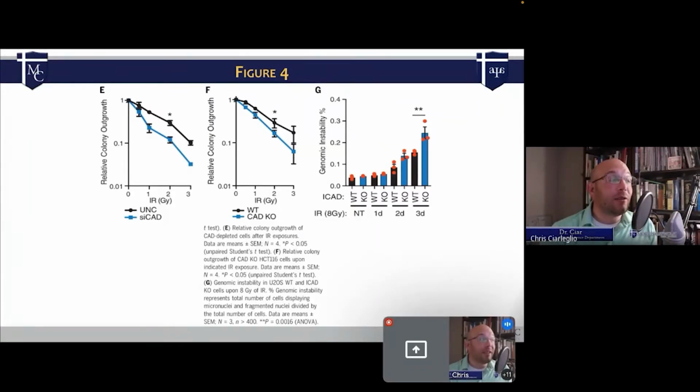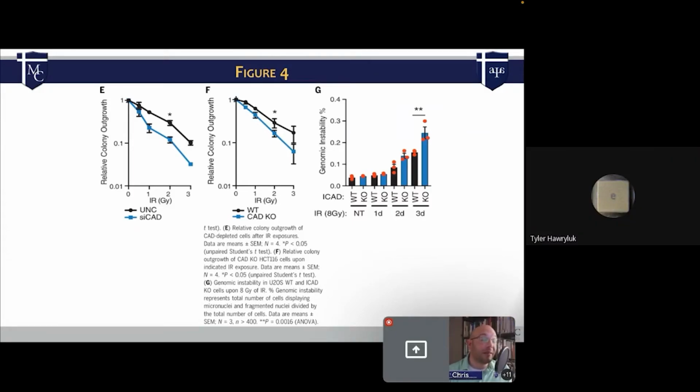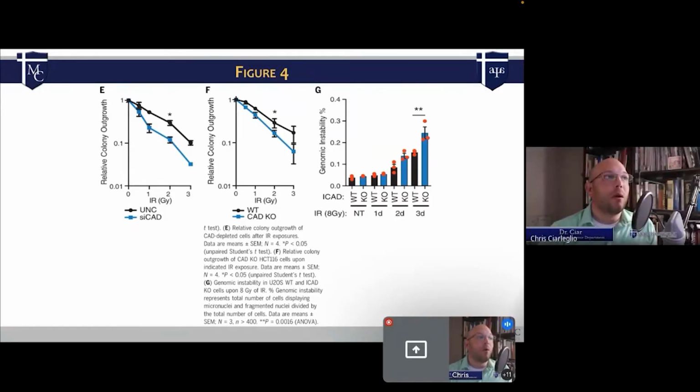And doesn't it look really similar to the one on the left, E? So that is more evidence that CAD is the thing allowing for repair even in cancer cells.